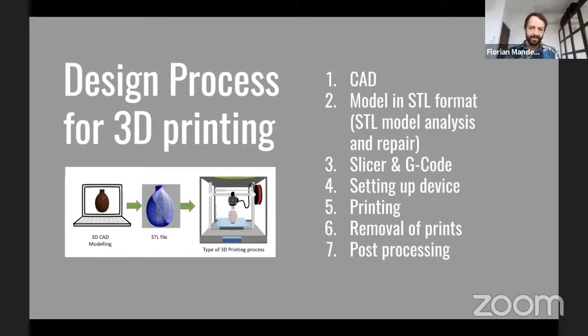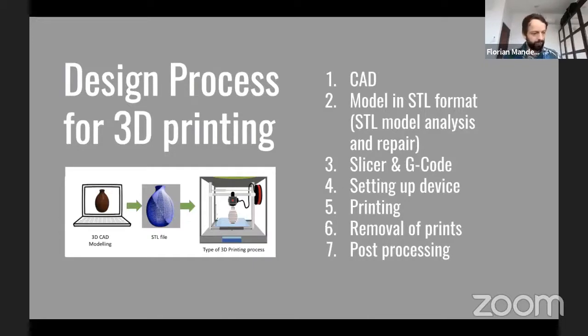These layers are then creating basically your model or your object. You can see in that picture how this vase, for example, consists of many, many layers that are printed on top of each other.